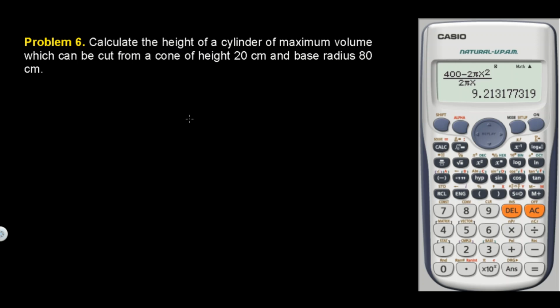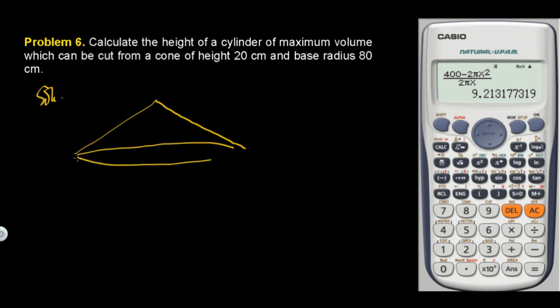The height is 200 and the base radius is 80. Okay. Solution. So, this is what it looks like, somewhat low. So, assuming that is a cone, then we have a cylinder here.